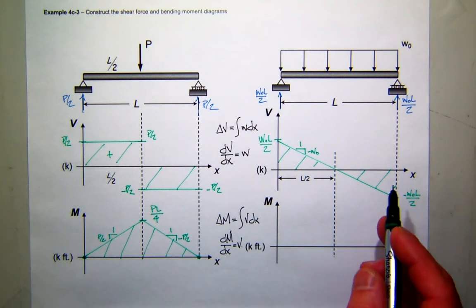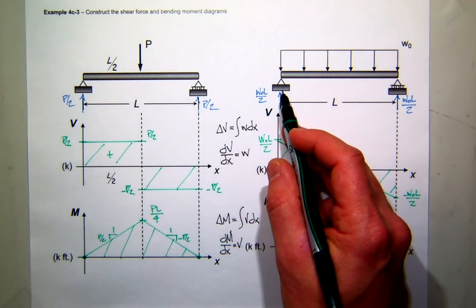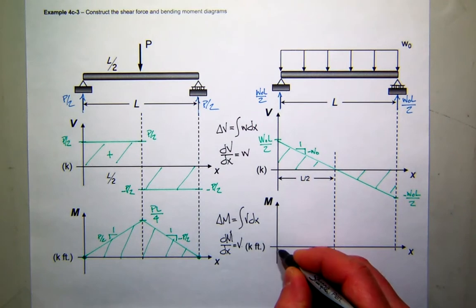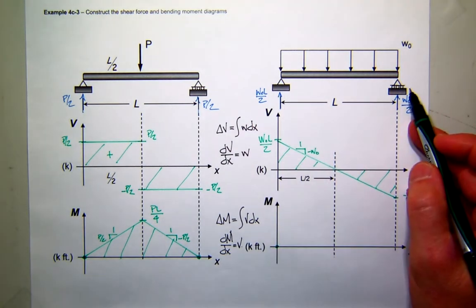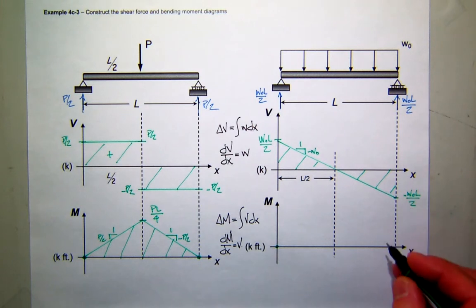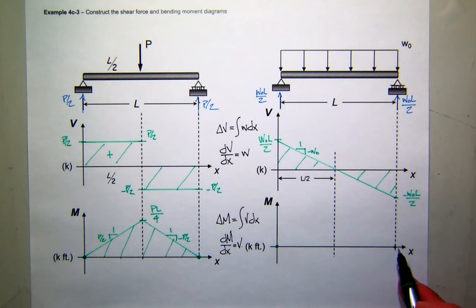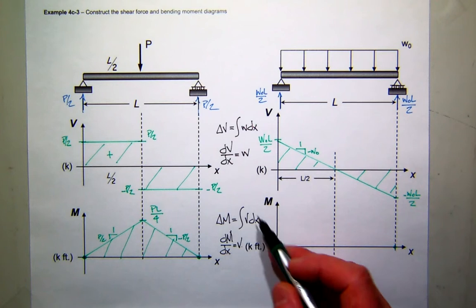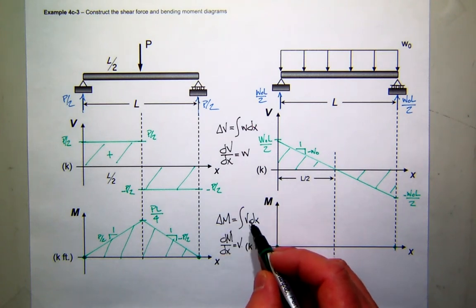So let's see how that affects our moment diagram. Looking at the moment diagram, starting at the left side, do we know the moment at the left side? Sure. It's an external pin, so I know it's 0. What about the right-hand side? Same argument can be made, so I know it's 0 there too. So I'm going to start with no moment, have some kind of change, and hit 0 again. According to my relationships between moment and shear, the change in the moment between any 2 points is the area under the shear diagram.